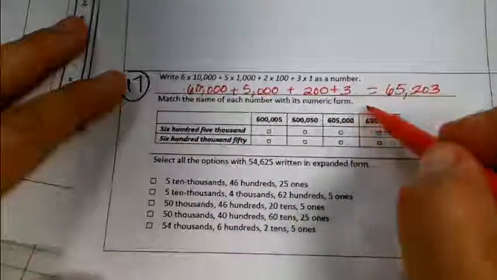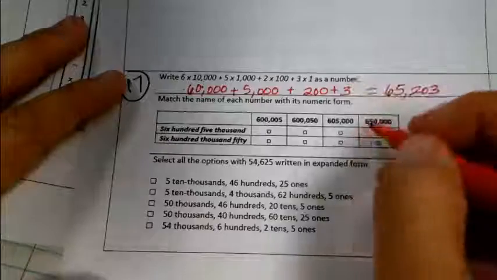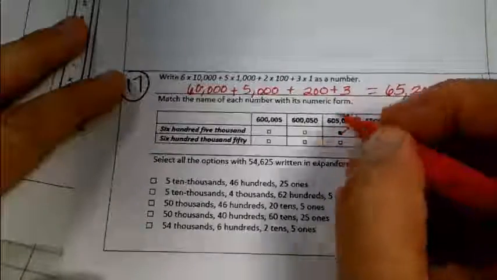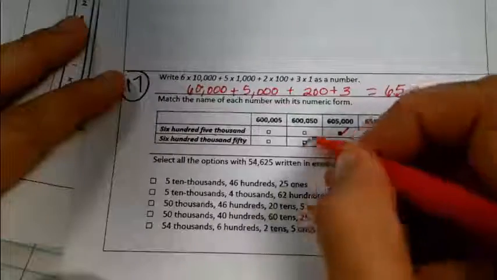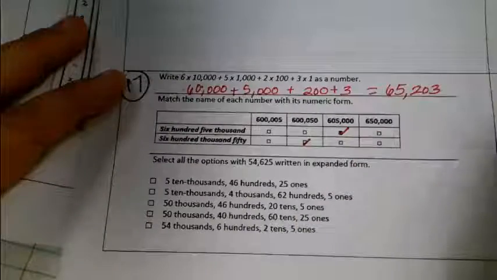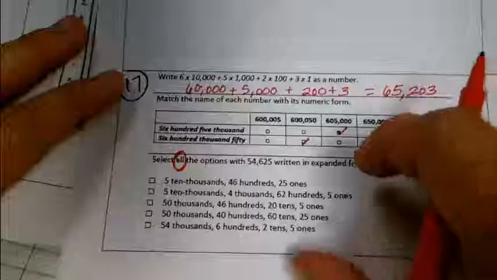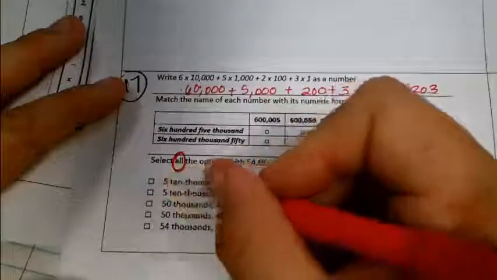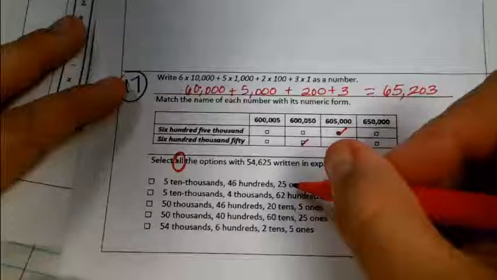Match the name of each number with its numeric form. 605,000 is this. 600,050, this. Select all the options with 54,625 written in expanded form. All is the key number here, keyword here. 5 10,000s, 4,600s, and 25 ones.